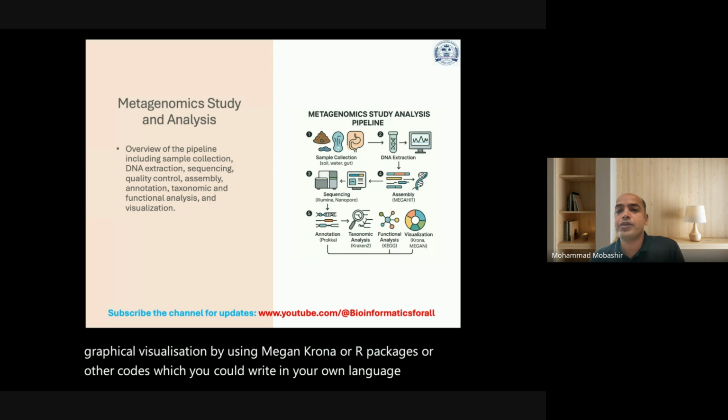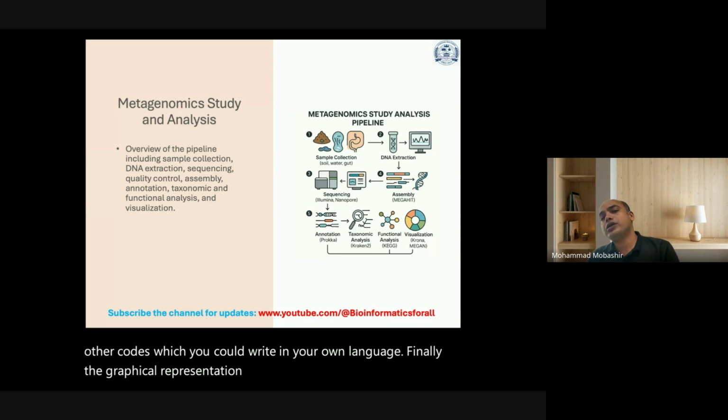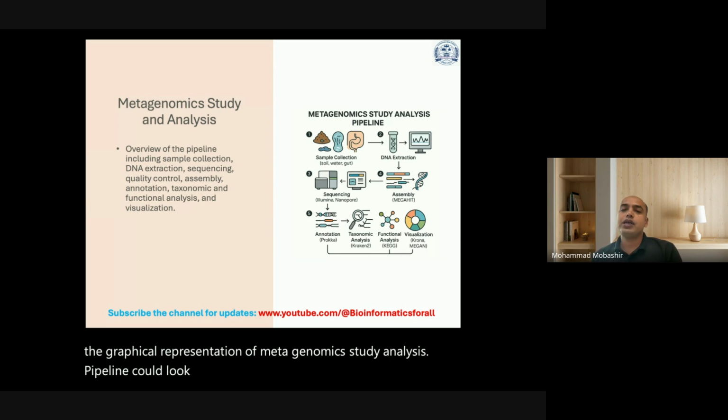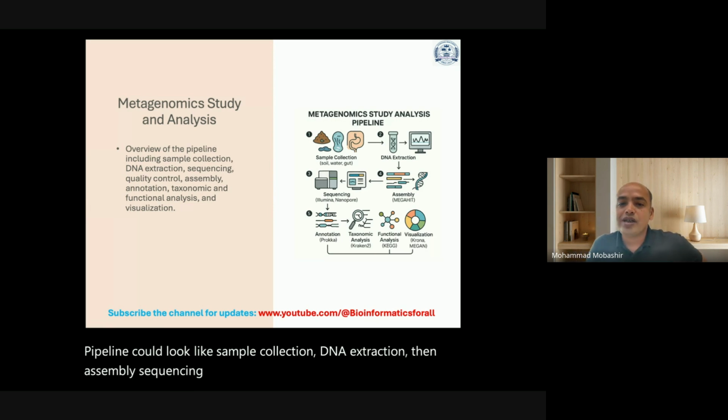Finally, the graphical representation of the metagenomics study analysis pipeline could look like: sample collection, DNA extraction, then sequencing, assembly, annotation, taxonomic analysis, functional analysis, visualization.